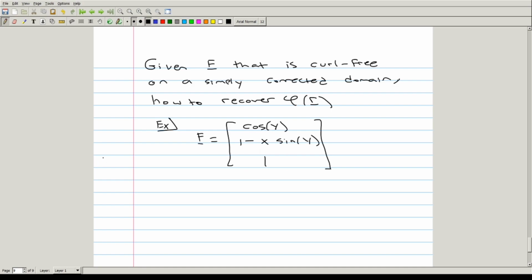It's defined on all of R3, so there are no holes, and the domain is simply connected. This is actually infinitely many times continuous. You can take the derivatives of this vector field infinitely many times, but the main thing is that it's continuous on a simply connected domain.